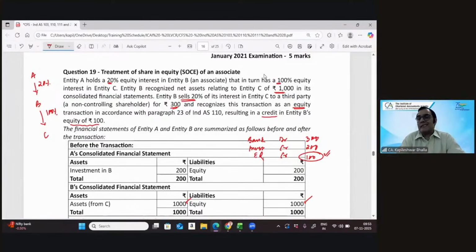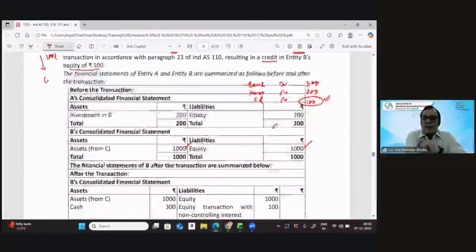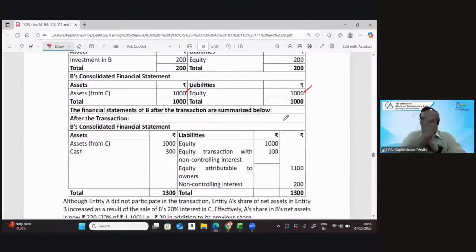So when the sale of the investment was made, the entry is bank gets a debit to the extent of sale proceeds, the investment gets a credit to the extent of 200, and the profit on sale is entered in the equity. Now it shows you the inputs here. This is the balance sheet of B incorporating the change.